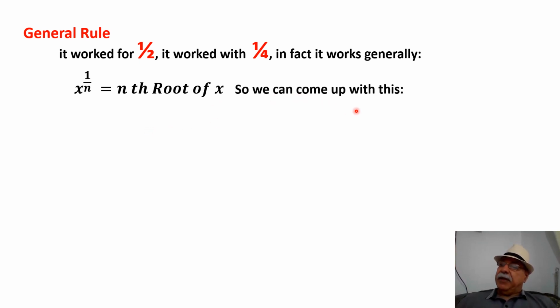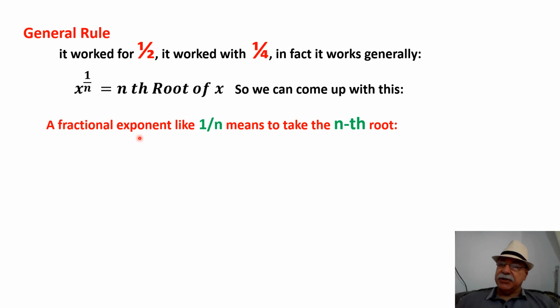So we come up with this. We know that for the fractional exponent 1 over n, they take the nth root. Nth root for x. This 1 over n there means the nth root, meaning the n-th root.